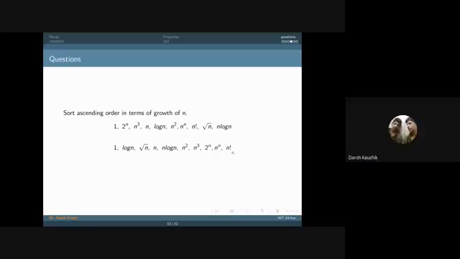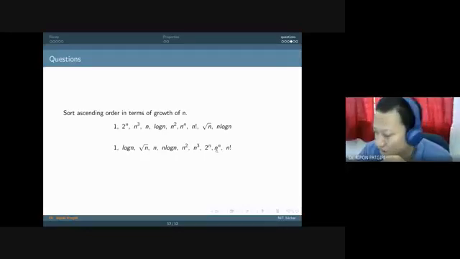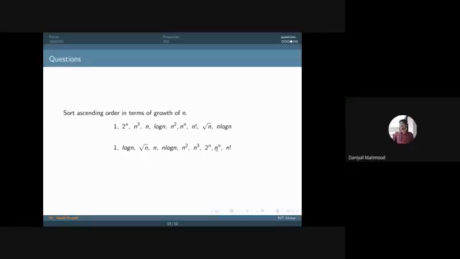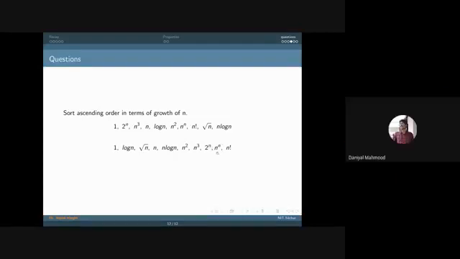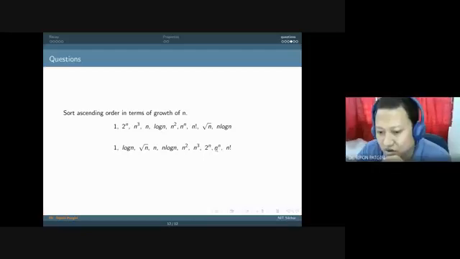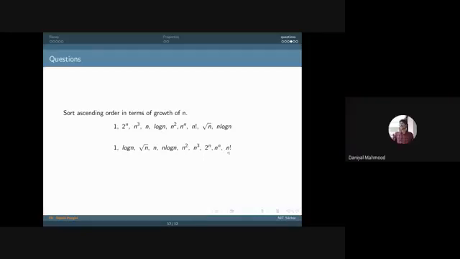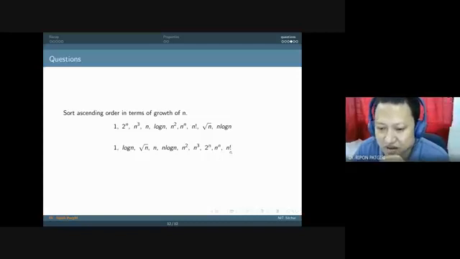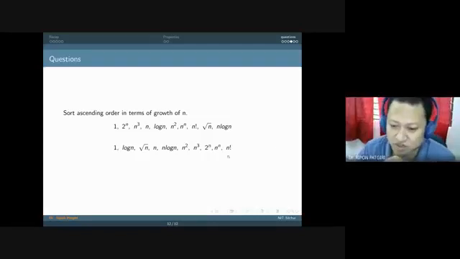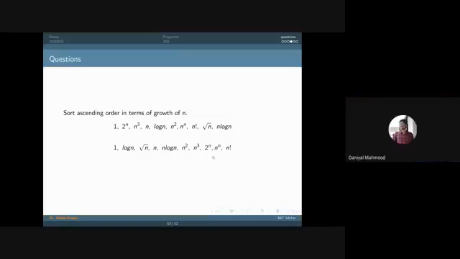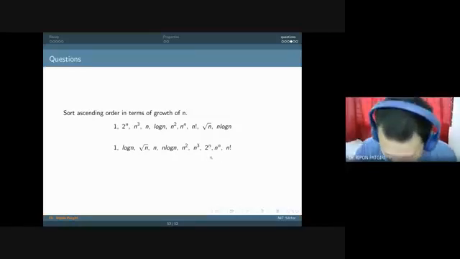N to the power n, sir. Then n to the power n will be the slowest one. Then the second slowest one will be n factorial. Okay. Thank you for your observation. Good. I like it.